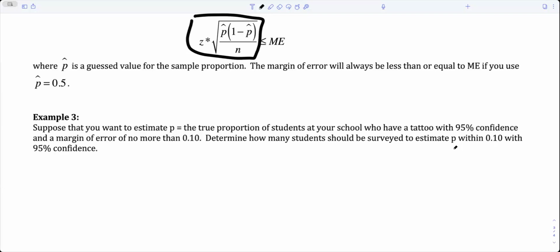So there's kind of two different scenarios. They give you a P hat, or if they don't give you a P hat, then you should use P hat equal to 0.5.